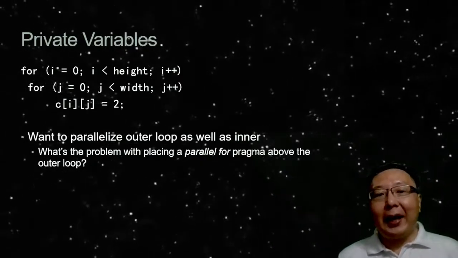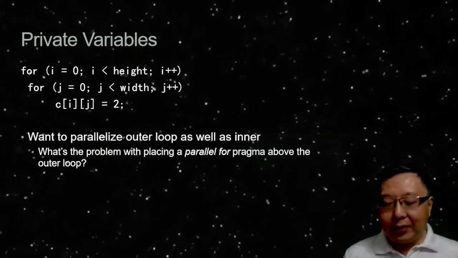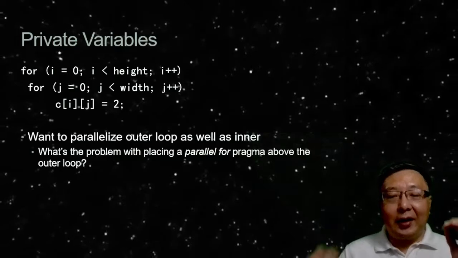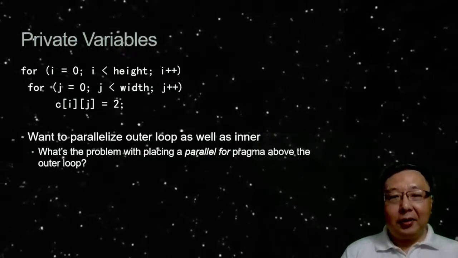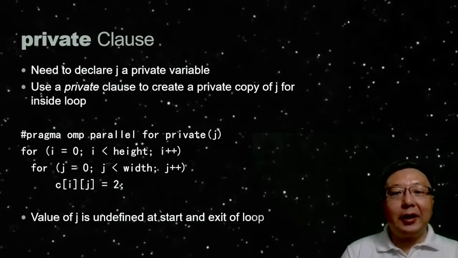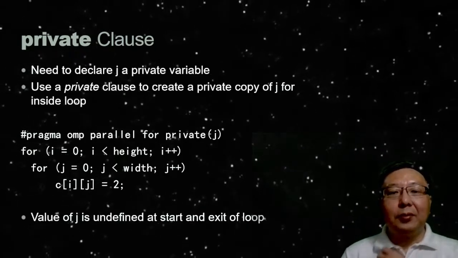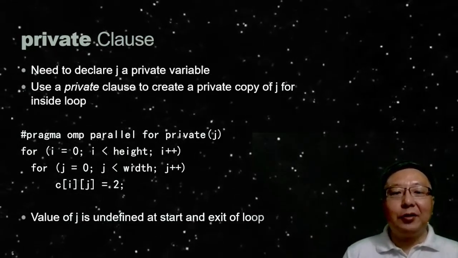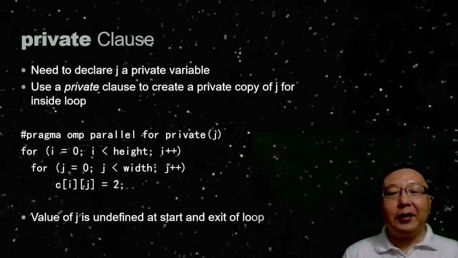So OpenMP has a way to deal with that, which is private variables, where you tell it, look, I need a separate one of these variables for each thread that's running this. So what you do is you say private(j) in this case. We add the private clause to the pragma omp parallel for, and it says private(j).